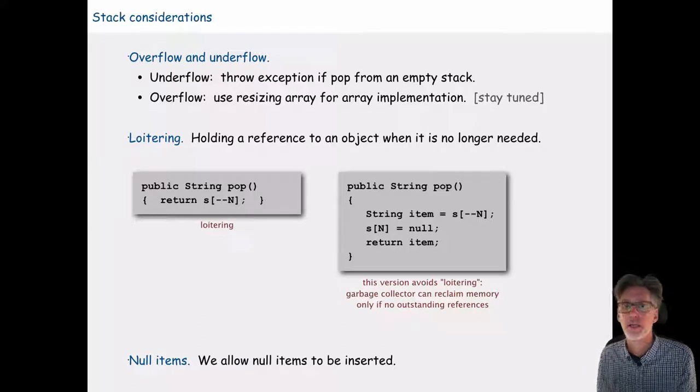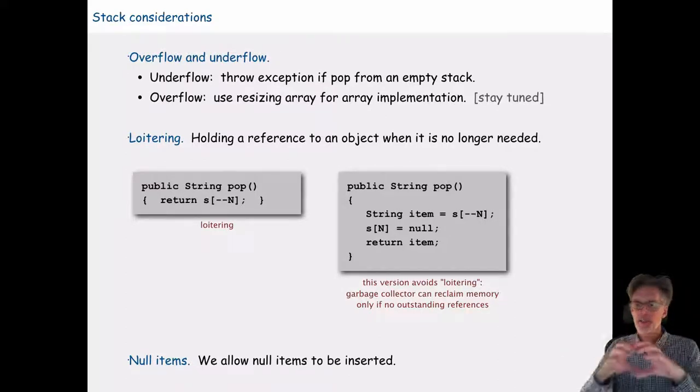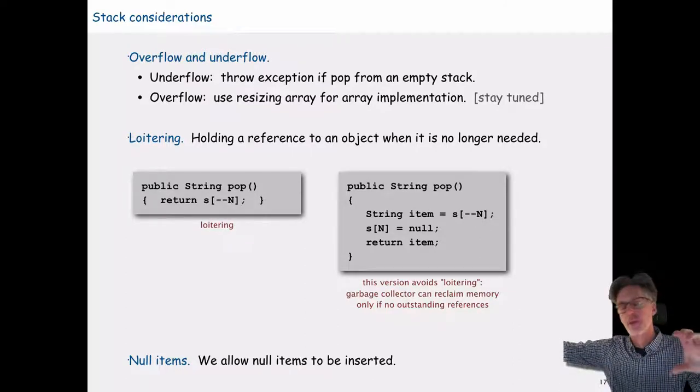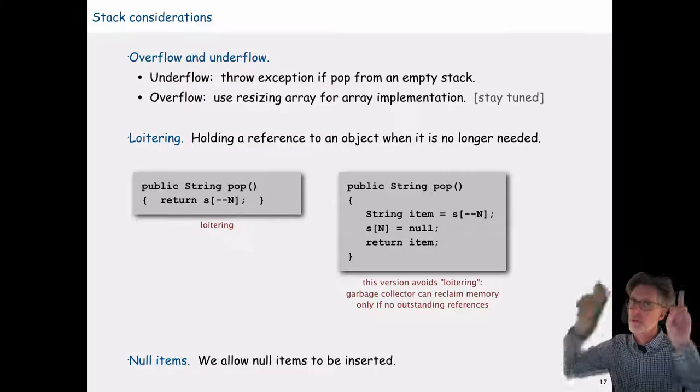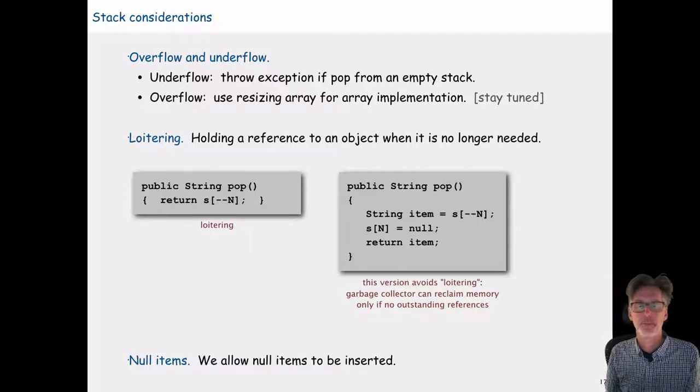So for that reason, we'll usually, after we pop, set the array element to null just to make sure it's freed up. This isn't necessary for most things, but for arrays, it ends up being necessary, because when you keep the array alive, you're keeping everything in the array alive, even the things that aren't currently being used. So you need to make sure that you don't keep things that you don't need in arrays. You don't need to worry about this kind of null thing with anything but an array.